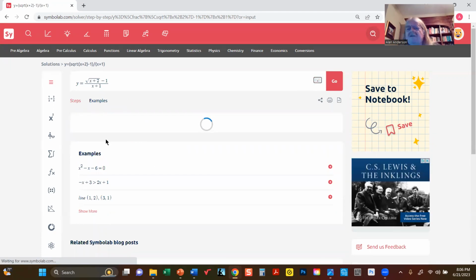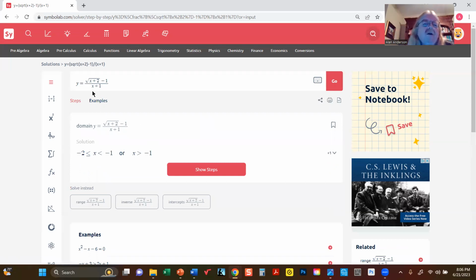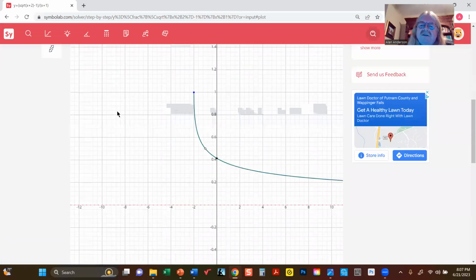Okay, in about a minute, it's going to offer me a graph. I guess it's a very strange graph. It doesn't act like this when we have straight lines and parabolas. Even then we have to wait for it to offer us a graph. See, now that doesn't look that strange.